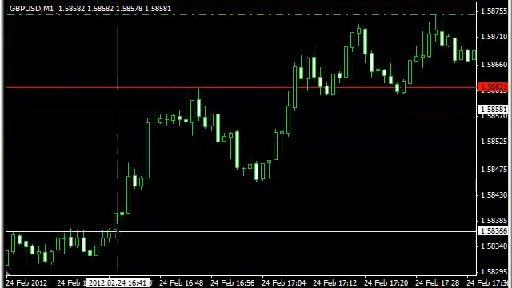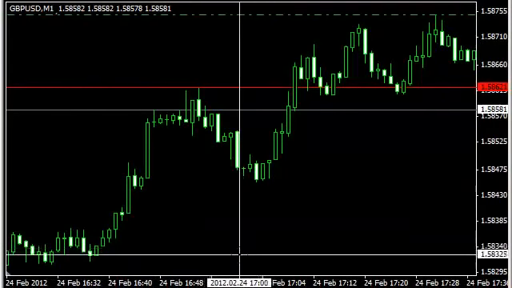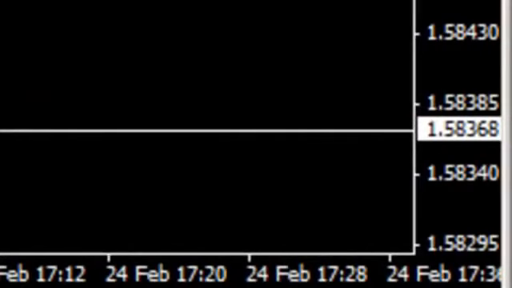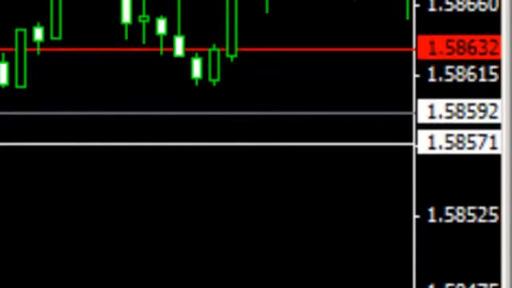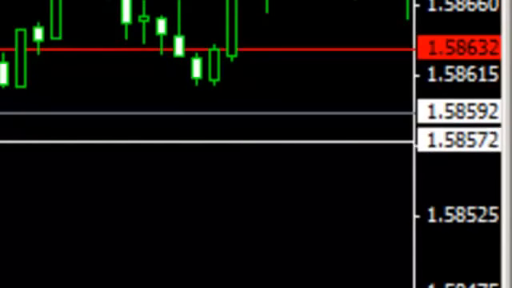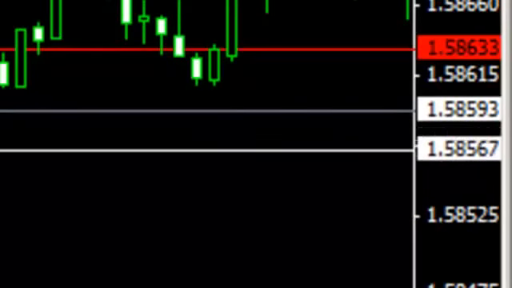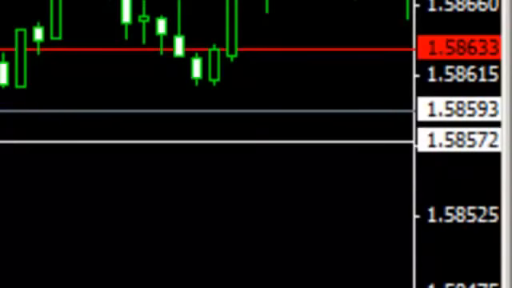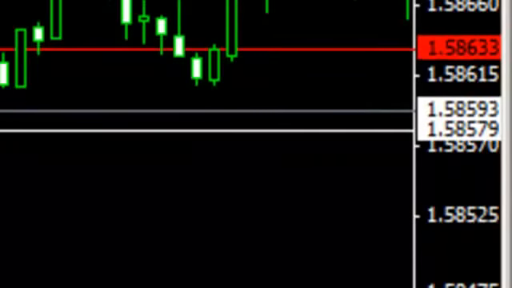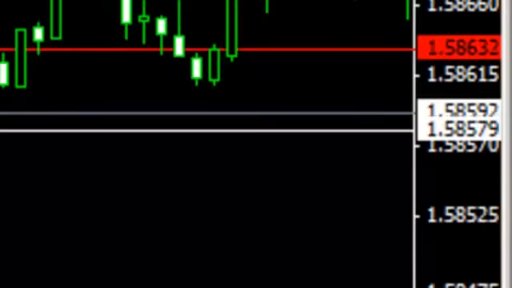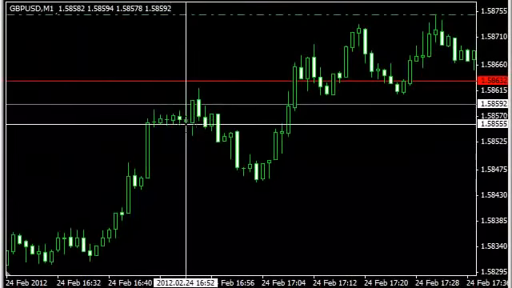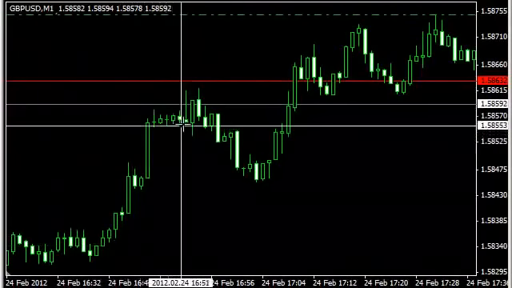We had this strong move from 58.36 all the way up to 58.57. So we're talking 21 pips, 20 to 25 pips in no time at all. So after that, you definitely don't want to get a call option right here. I mean, you're asking for trouble after a really strong move.